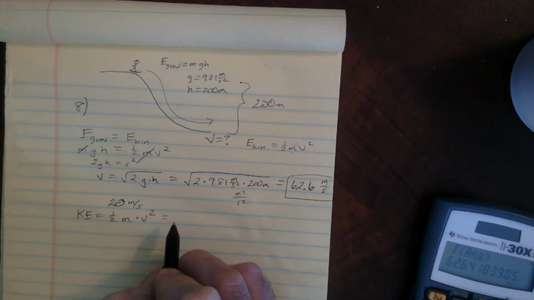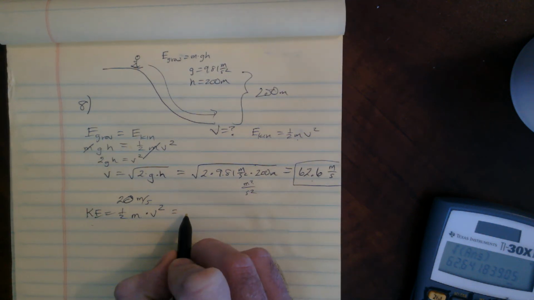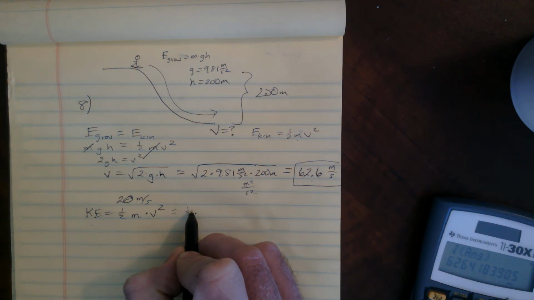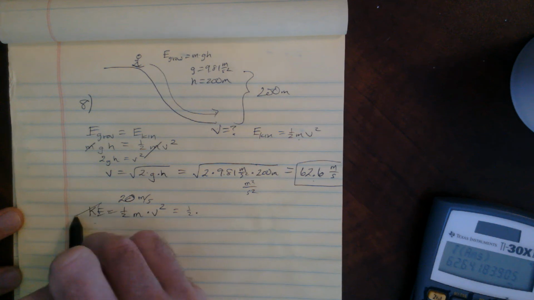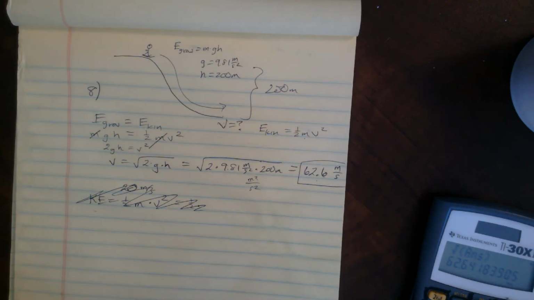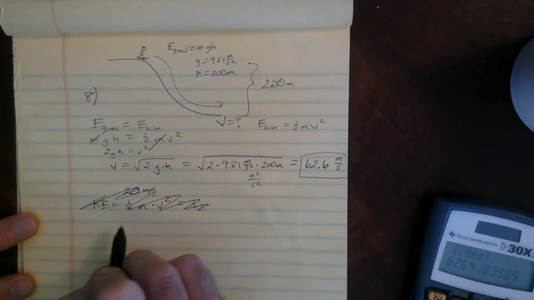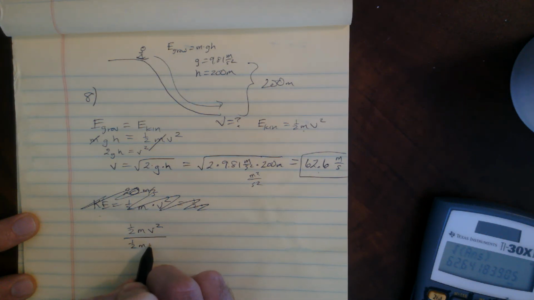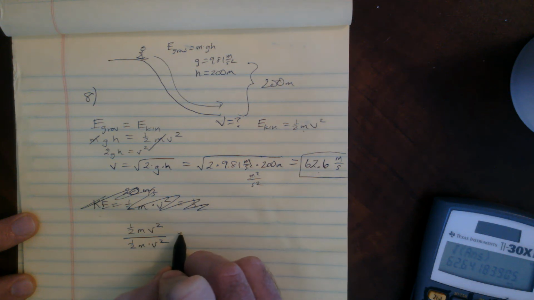But what I would do is I would just take 1/2 time. Oh, shoot. Sorry, we can't use mass there. So if he's going 20 meters per second, we just need to figure out what percentage that is. So 1/2 mass times velocity squared over 1/2 mass times velocity squared.